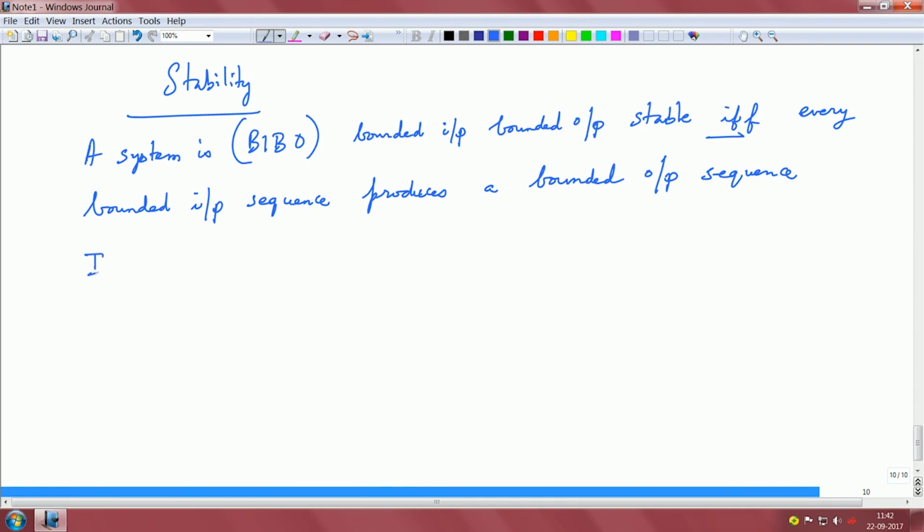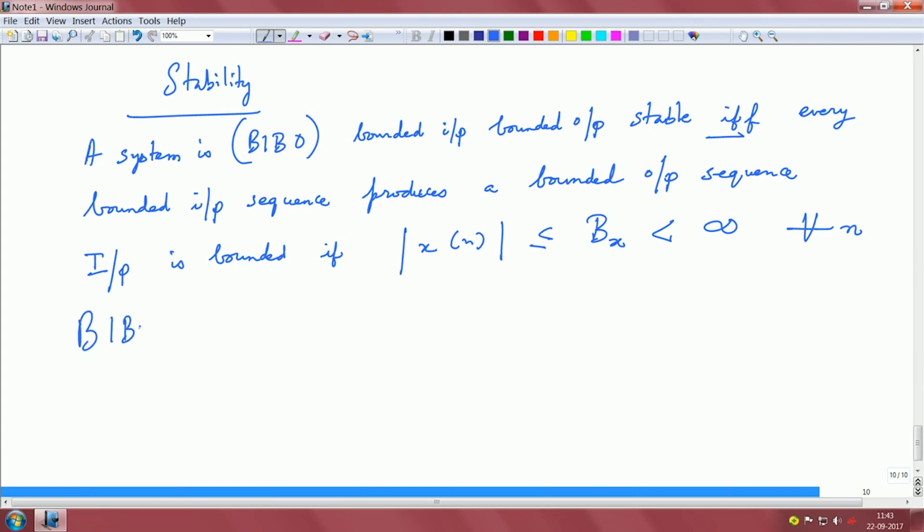Now, in precise language of mathematics, what do we mean by bounded input? Input is bounded if mod x of n is less than or equal to some quantity b suffix x, which is strictly less than infinity for every n, and BIBO stability requires that the output of the system to the input x of n, which is y of n, is bounded.